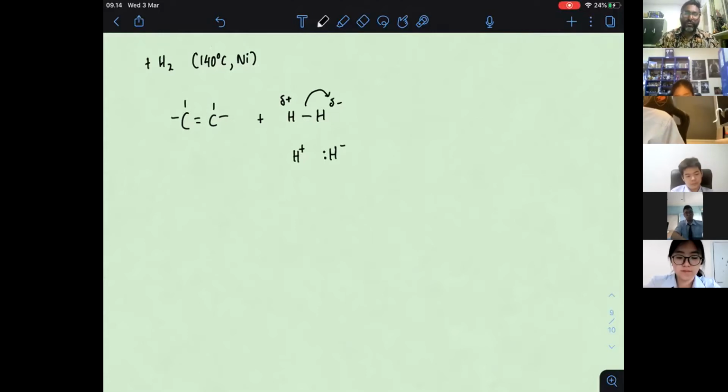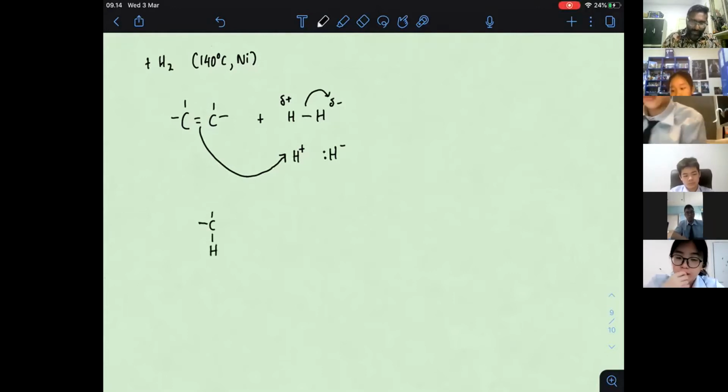But when you draw, please be very, very careful, because you need to draw the curly arrow diagram to show the movement of electrons. So from the double bond go to the positive. What happens is this one bond will form a bond with the H, and then what will happen to the next? This will remain positive, available for bonding.